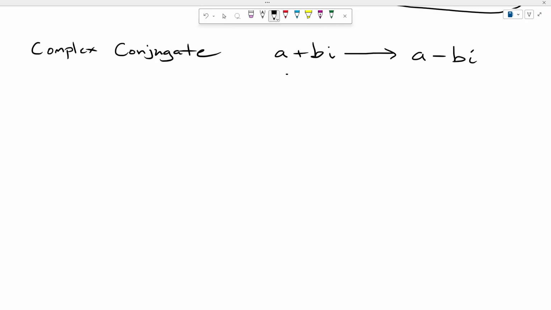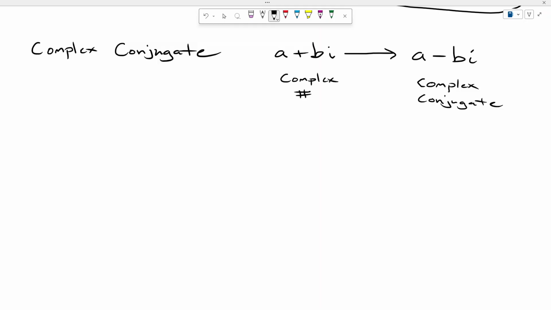All right, so here we have a basic complex number form, and then here is its complex conjugate. So all we're doing is we're keeping the real part, the a, the same, but we're switching the sign of the imaginary part.